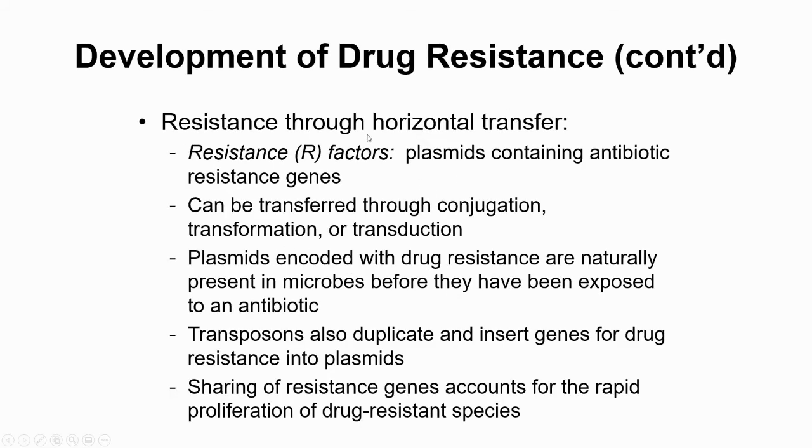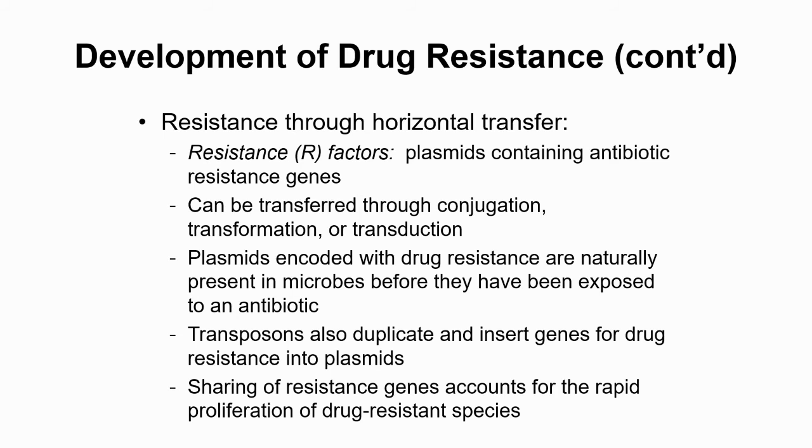We can get resistance through horizontal transfer. We can transfer resistance factors, a portion of the chromosome or a plasmid, an extrachromosomal piece of DNA carried by the bacteria that's resistant, that confers that resistance, and it can be transferred through transformation, transduction, or conjugation.